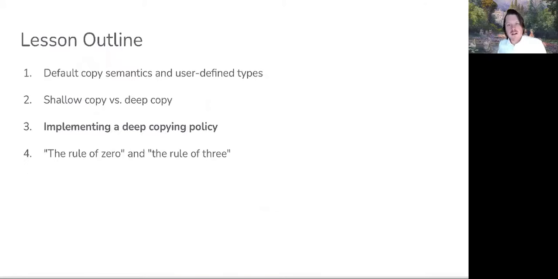So with all this in mind, hopefully you're seeing at least that a shallow copy is going to be insufficient when our user-defined types own some sort of resource, in this case, a dynamically allocated object residing on the free store.